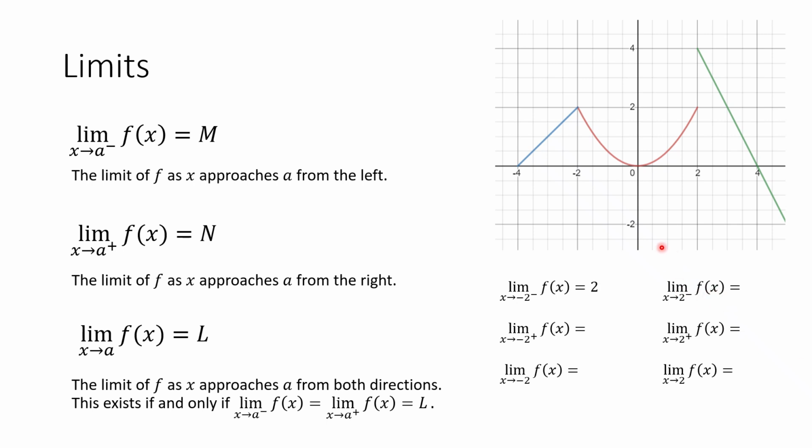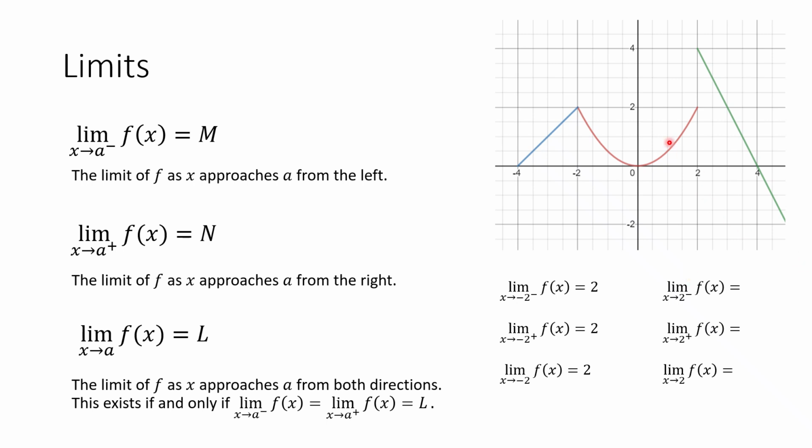So you see the value of this limit as x approaches negative 2 from the left will be, as if I sneak up on negative 2 coming from the left, I'm going to approach the value of 2. There it is. And if I approach it from the right along the red function here, I'm getting close to negative 2 from the right, it also is going to equal 2. And since both of those are equal, the limit as x approaches negative 2 of this function is equal to 2.